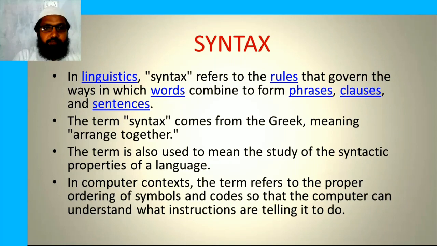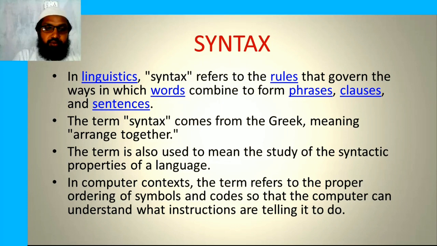In linguistics, the study of a language, syntax refers to the rules that govern the ways in which words combine to form phrases, clauses, and sentences. The term syntax comes from the Greek, which means arrange together.